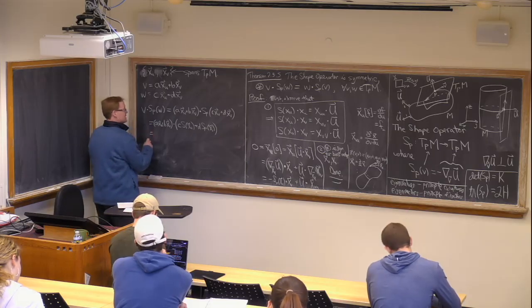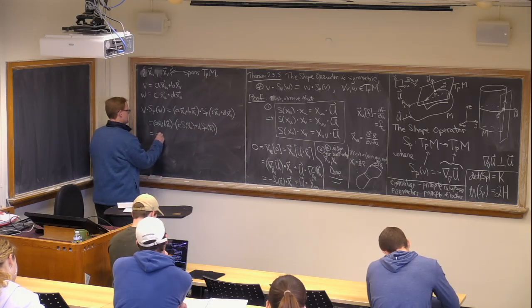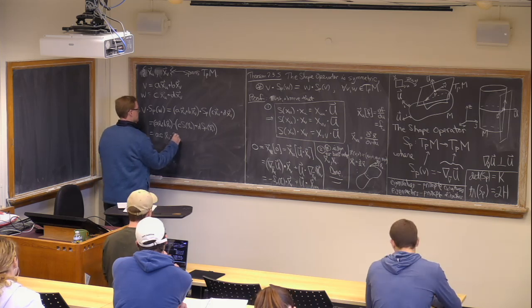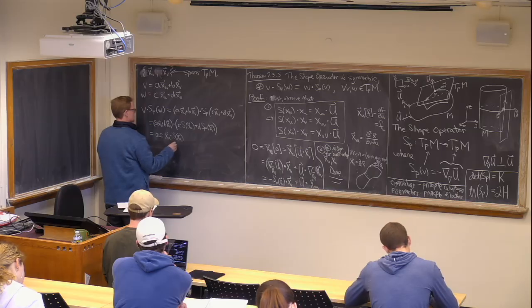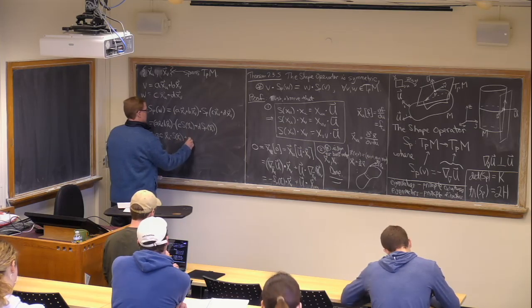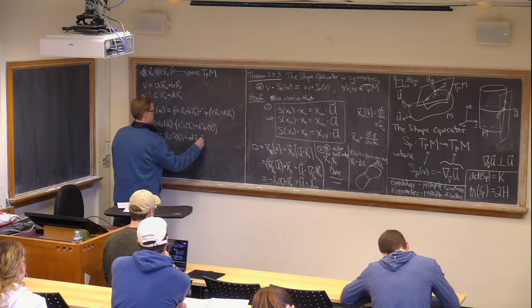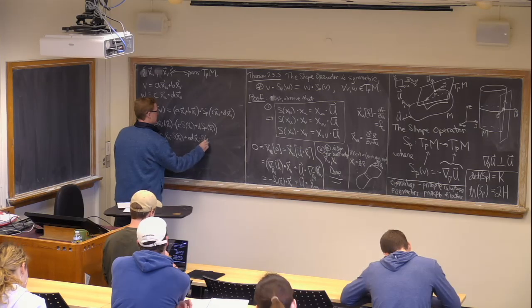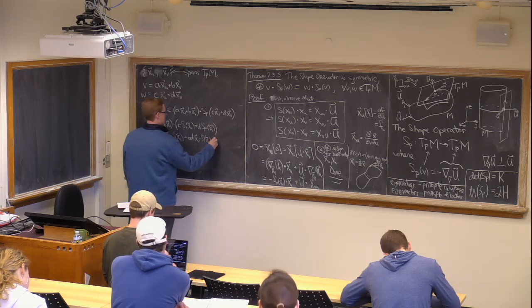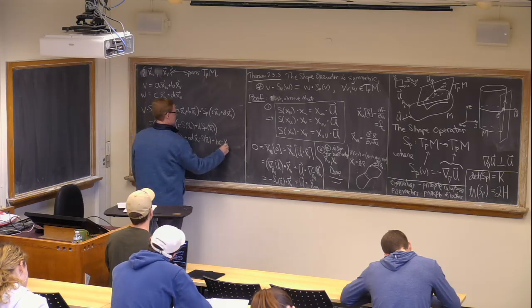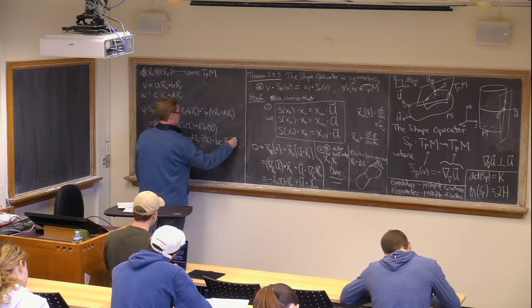And then you multiply this out. You're going to get 4 terms, right? We get AC times x_u dot product shape operator of x_u, plus AD times x_u dot product shape operator of x_v, plus BC x_v dot product shape operator of x_u, I think.